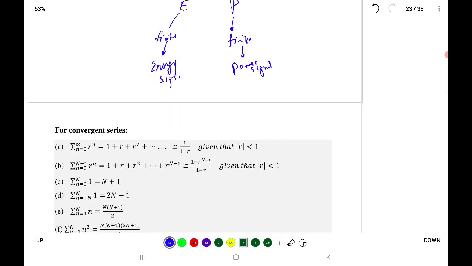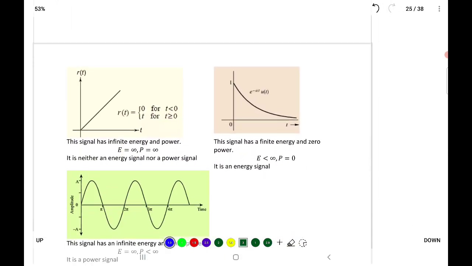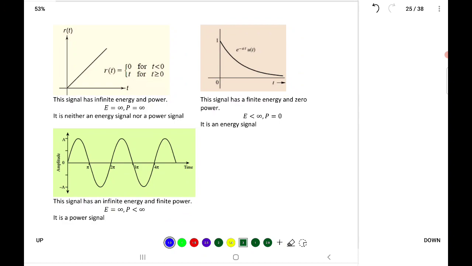It's better also to have a numerical example. But before that, let's just note something here. When you have a ramp function, obviously the magnitude is increasing indefinitely. You expect that the energy will be infinite and the power will be infinite. So this signal is neither an energy signal nor a power signal.